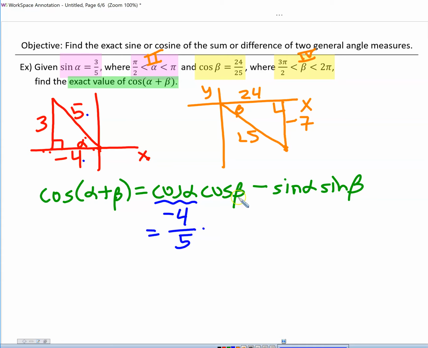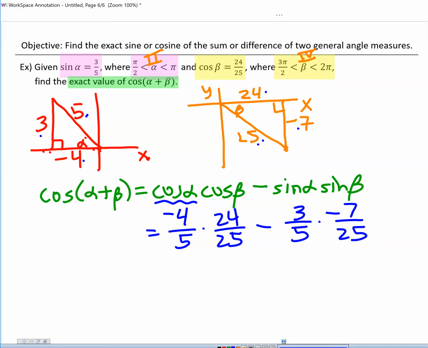Times cosine of angle beta, adjacent over hypotenuse, would be 24/25. Minus sine of angle alpha would be opposite over hypotenuse, which is 3/5. And sine of angle beta, opposite over hypotenuse, would be negative 7/25.